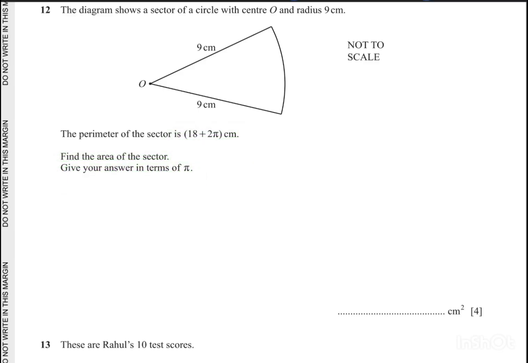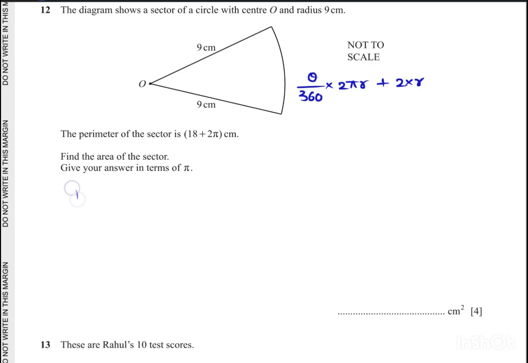For the perimeter of the sector, first the length of the arc will be theta by 360 into 2 pi r. This is the formula. Then for the perimeter, we need to add these two radii.